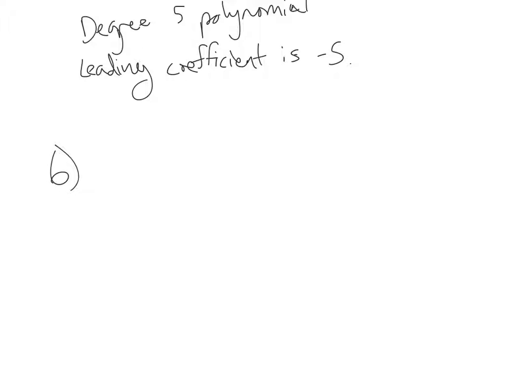Number 6, we've got 2r minus r squared plus 1 over r squared. You might be tempted to rearrange this into descending order and figure out which term has the highest degree. But here we run into an issue: we have 1 over r squared, which is the same as r to the negative 2.